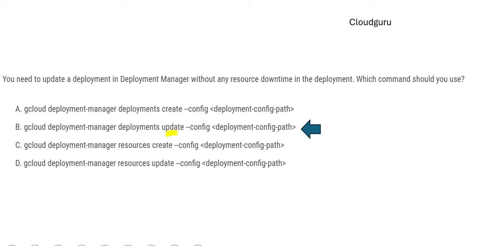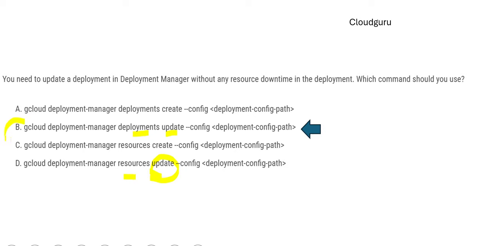Now you might ask, buddy, option D also says update. We know create creates a new resource, so option C is ruled out. That is great. But what about option D? It is also using update. So why is option D wrong? What is the difference between B and D? B says deployment update, D says resource update.